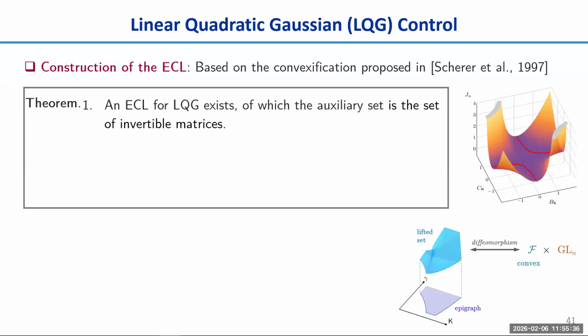And for LQG, it's complicated. The convex reformulation is very complicated. But again, it exists. In 1997, this was one of the major breakthroughs in control theory, which showed output feedback control can be done using linear matrix inequality. Based on this result, we can show a convex lifting exists for LQG. In this case, we really need to use the auxiliary set, and this set will be the set of invertible matrices.